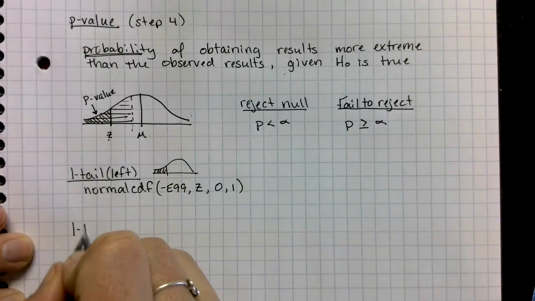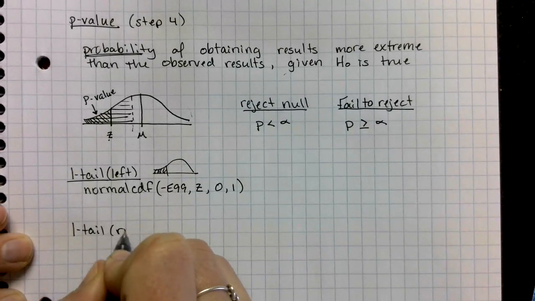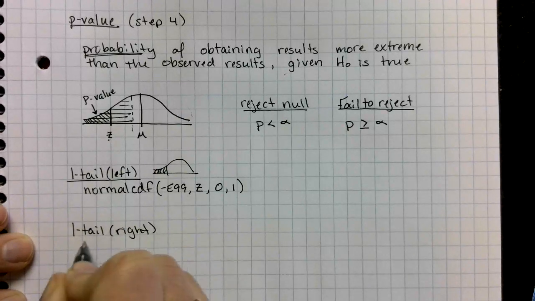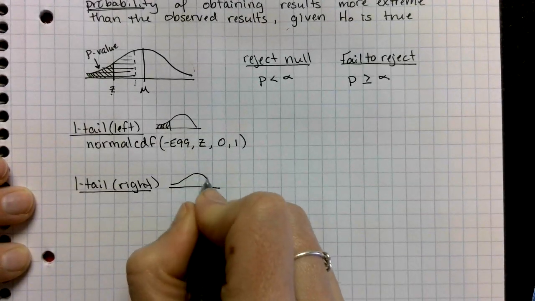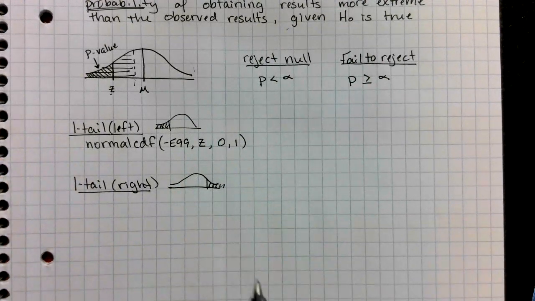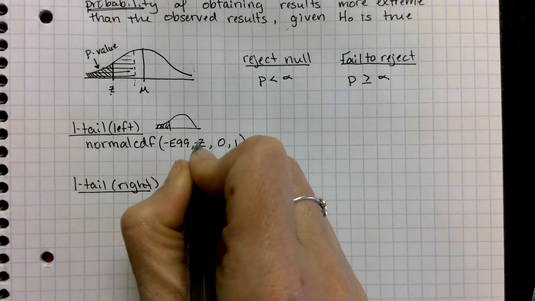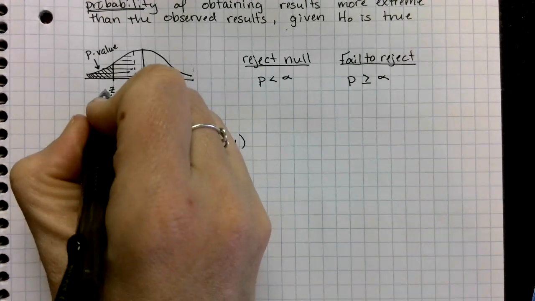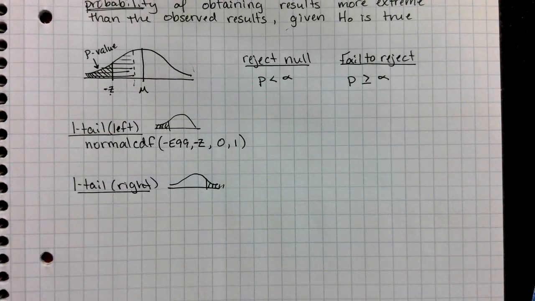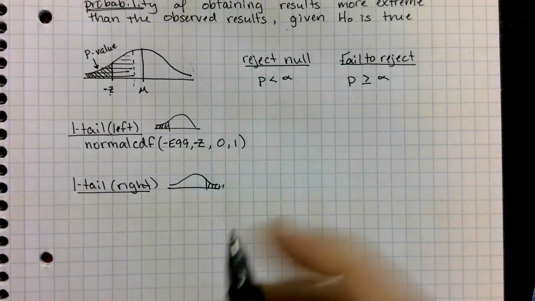Now, if we have a one-tail test that is a right tail, what's that going to look like? We're going to have an area over here shaded. Oh, and actually this would be negative z, and I should have put that up here too, I'm sorry, our z-score would have been negative if we're less than average.